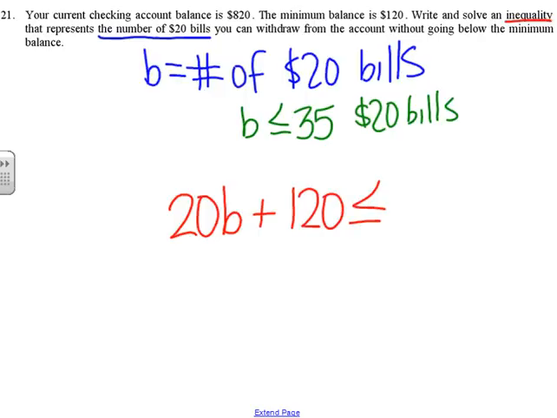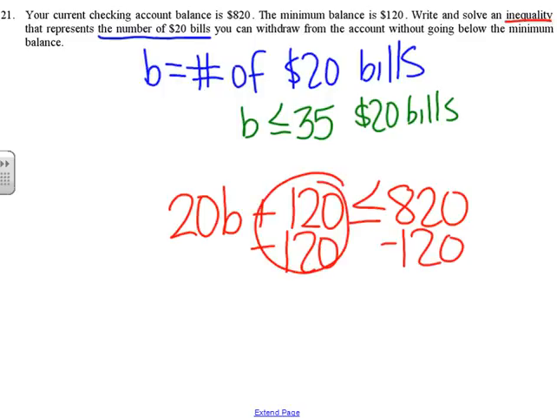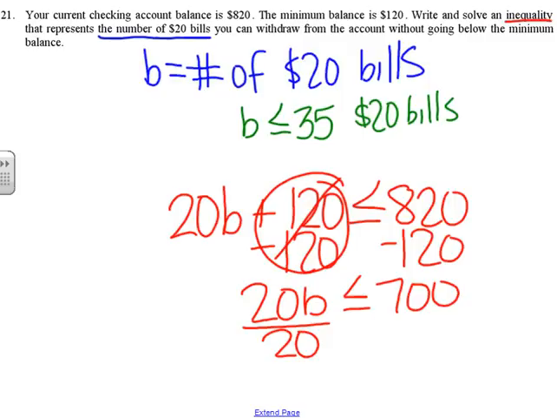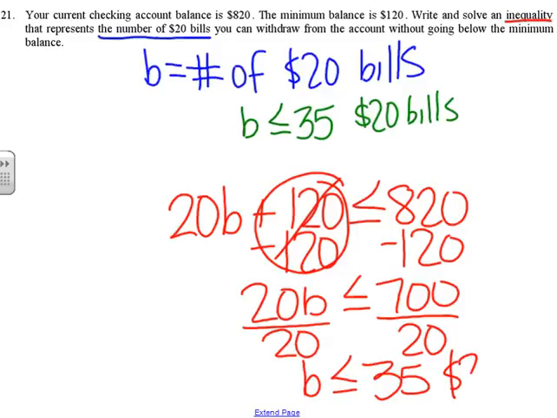So all of that together is less than or equal to 820. So we're going to subtract 120 from each side. These are the same steps we did before. It's just algebra this time. Okay, and then we already know that 700 divided by 20 is 35. So 35 $20 bills.